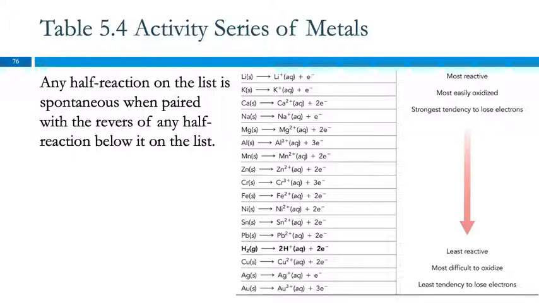So what does that mean? So lithium likes to do this, likes to lose an electron. So if we pair lithium, say with potassium, and we write potassium the other way.